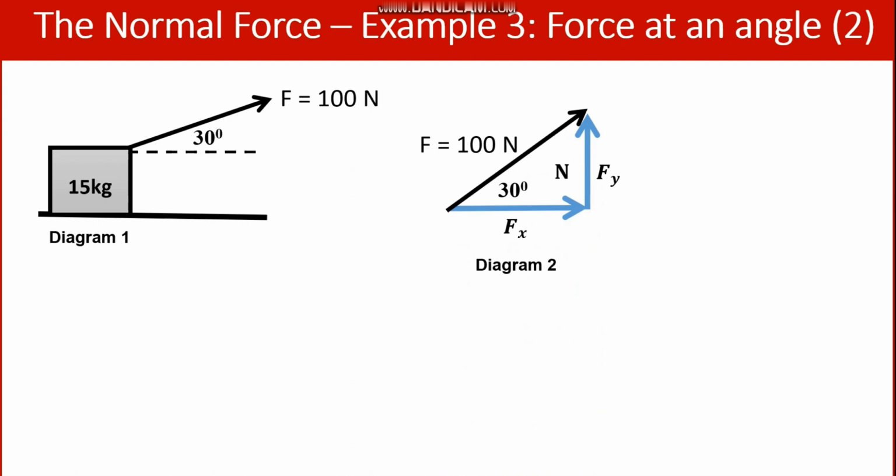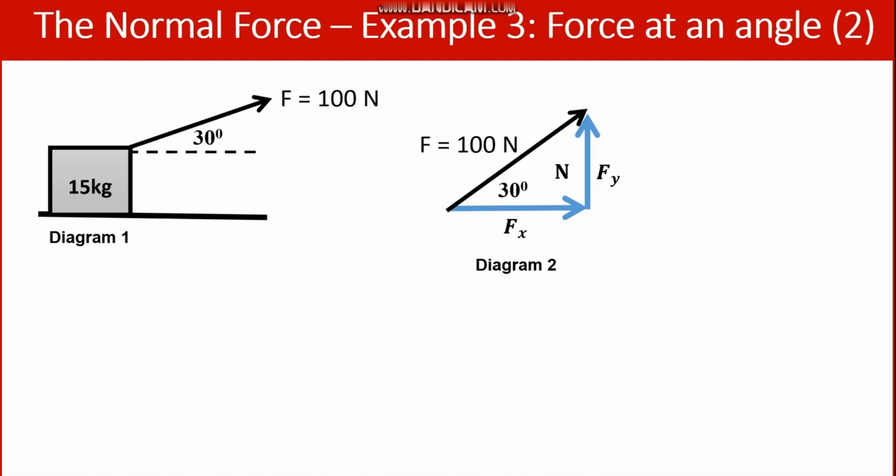The 100 Newton applied force is being applied at a 30 degrees angle, and it therefore has components: the vertical component, which is Fy, and a horizontal component, which is Fx.